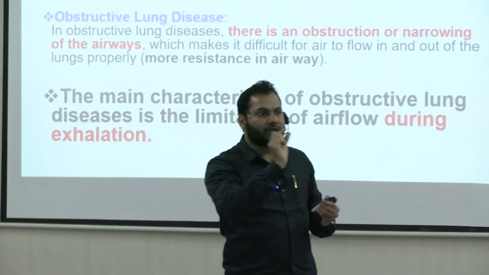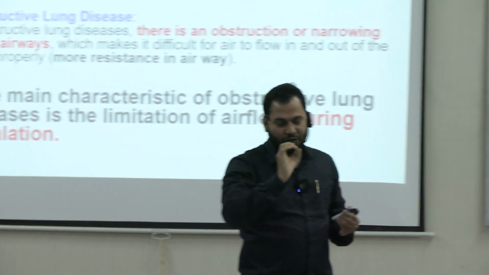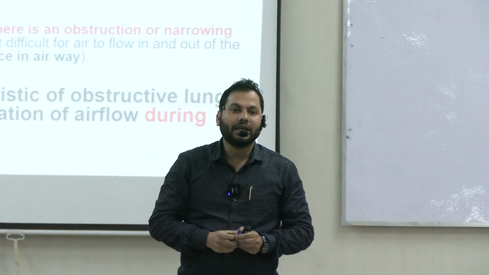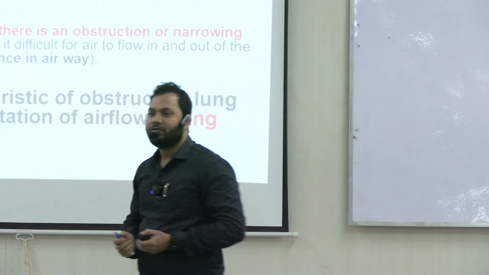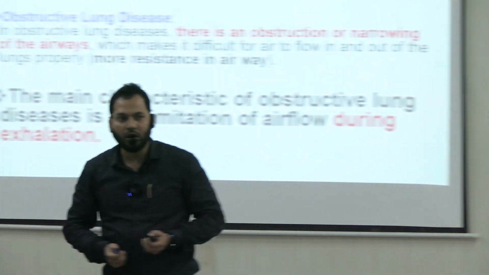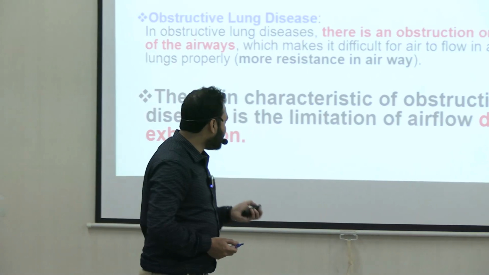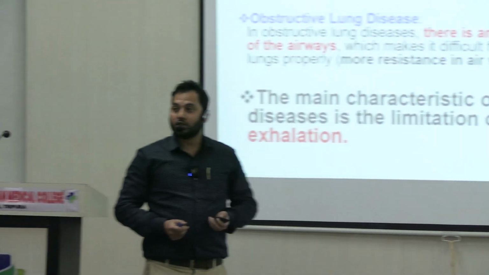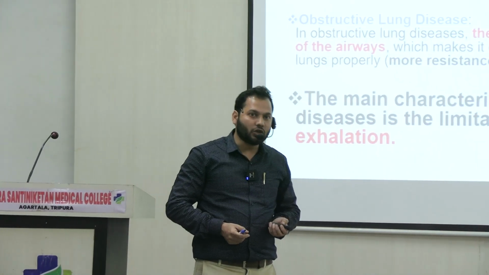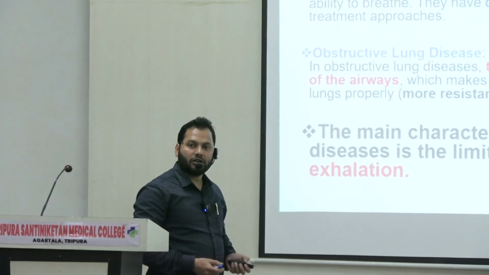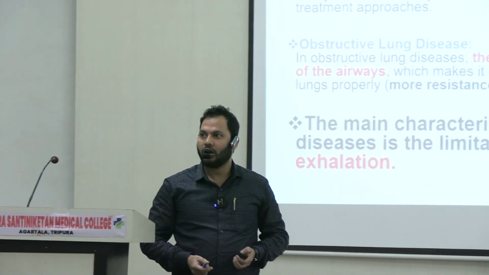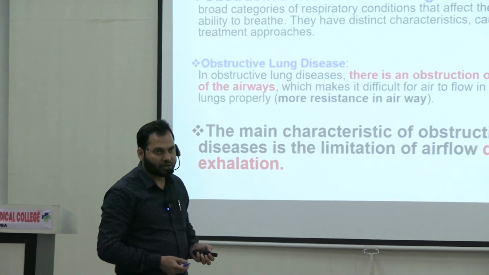And due to this narrowing, it prevents the outflow of air from the lung alveoli. That is why I mentioned that obstructive lung disease involves limitation of airflow during exhalation, not during inhalation.